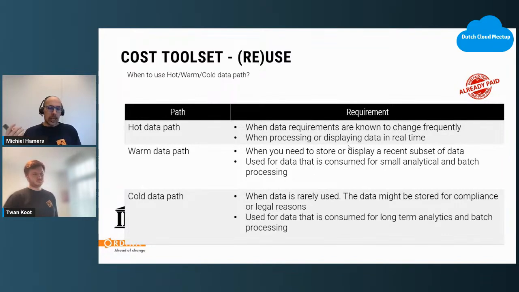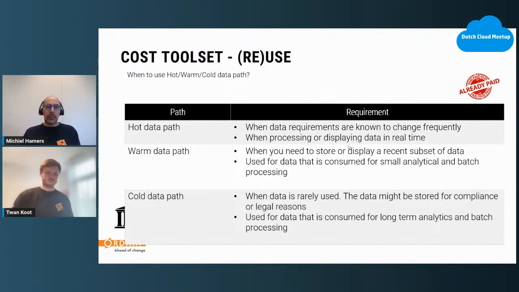In general, we have in Azure storage with hot data, warm data, and cold data. And you can here already see what needs to be used for what. And in general, you can say everything needs to be hot data because I need the information and data directly.